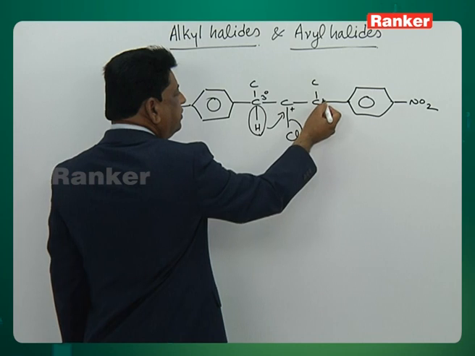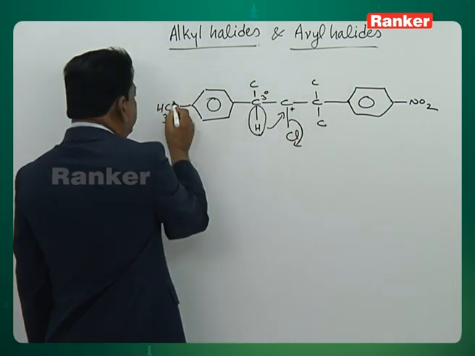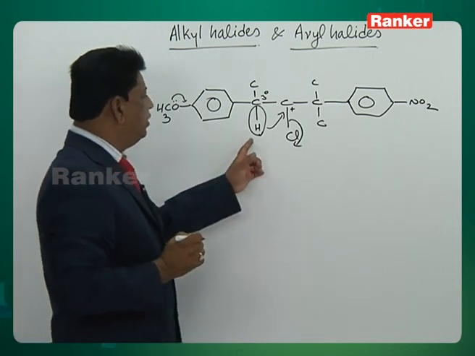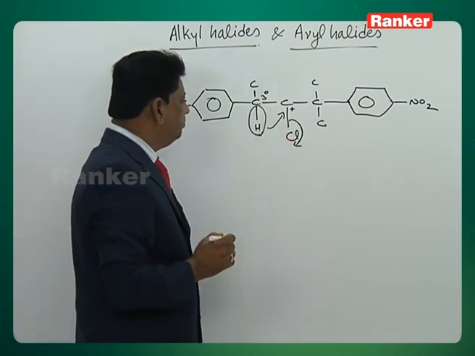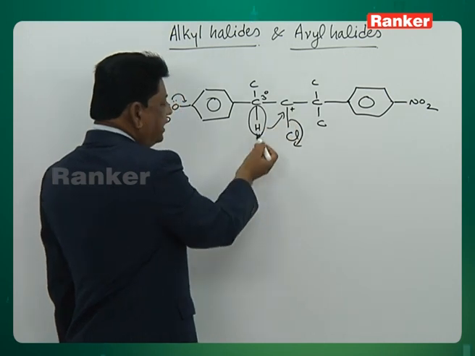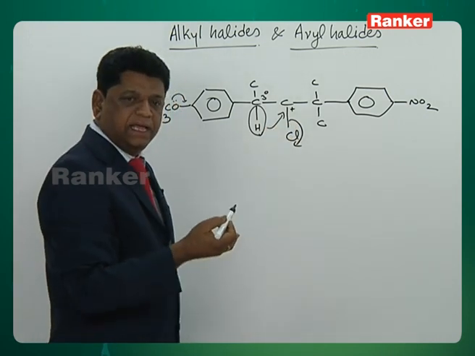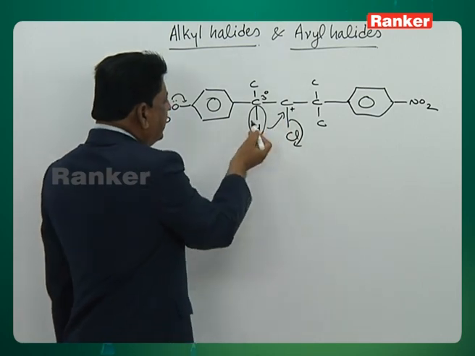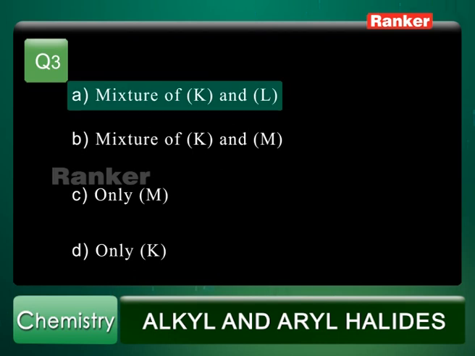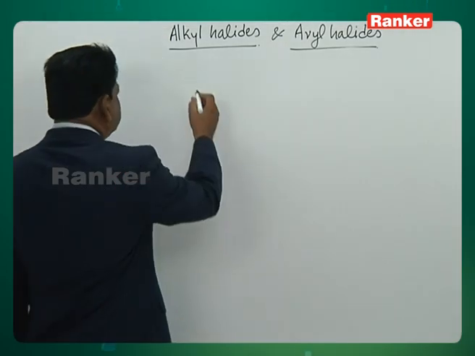Even if methyl goes, it gives a tertiary carbocation, but this one is supported by the plus M effect through the OCH3. Therefore, this hydrogen goes there and OH comes here. So, in the first answer K, the Cl will go and OH will come. In the other answer, L, the H goes there and the OH comes here. Both answers are right. Therefore K and L, that is answer A, is the right answer. Let us go to question number 4.